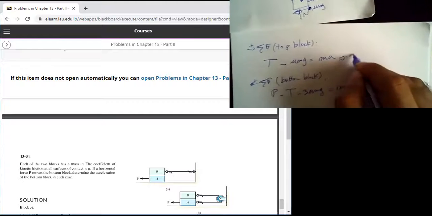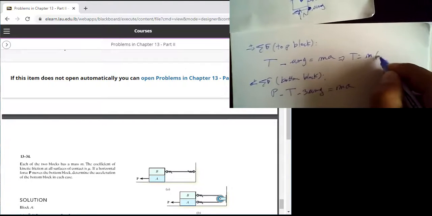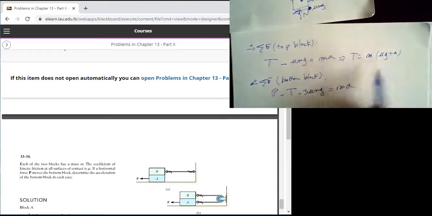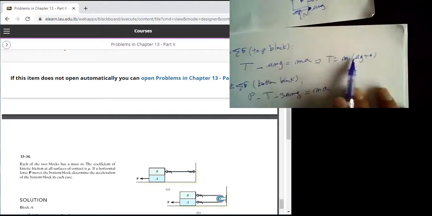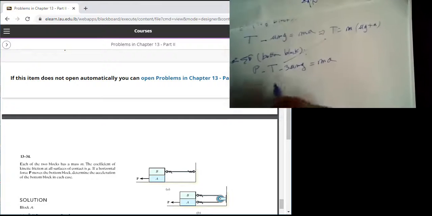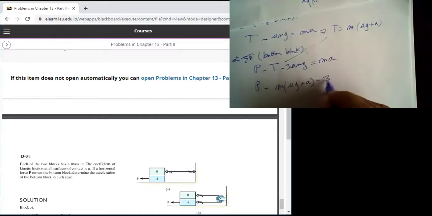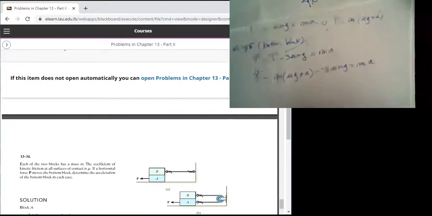I can take T from here. T is equal to M times (mu G plus A), right? And then I'm going to take this T and plug it here. So ultimately you have P minus M(mu G plus A) minus 3 mu mg is equal to MA.